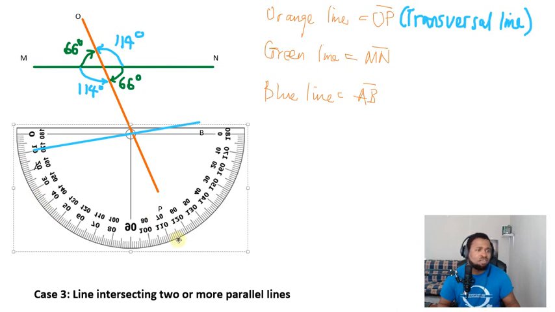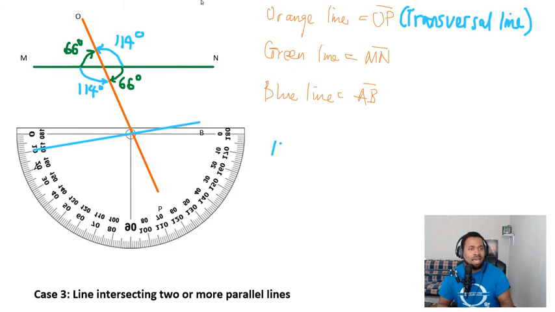115 degrees. So 115 degrees minus 10 degrees is the specific angle that we are looking at, and that is going to be around 105 degrees.